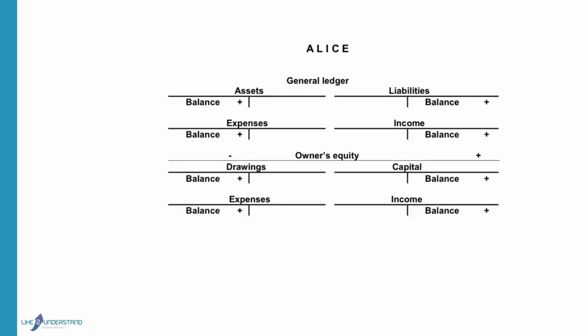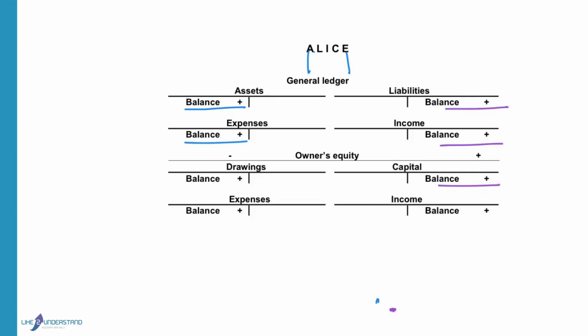In the general ledger, assets and expenses will increase on the debit side and will always have a debit balance. Liabilities, income, and capital will increase on the credit side and will always have a credit balance.